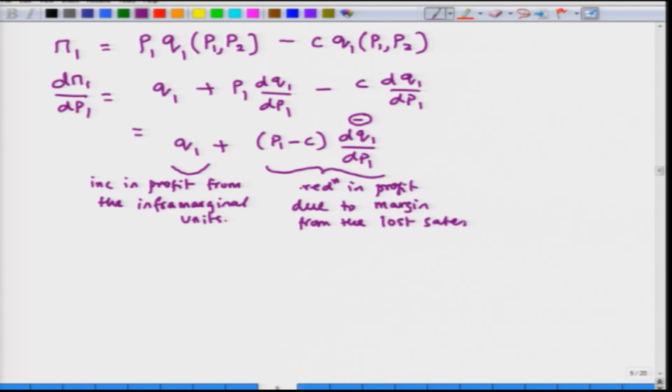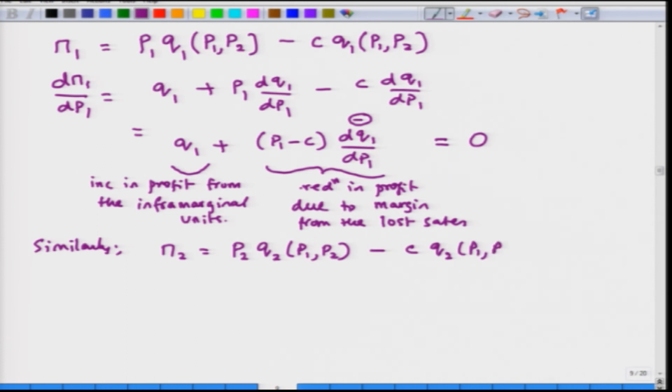These are the two terms, and the necessary first order condition is that firm 1 takes the first order derivative of the profit function with respect to P1 and sets that equal to 0. Similarly, firm 2's profit π2 is going to be P2 times Q2, which depends on the price of good 1 as well as its own price, minus C times Q2 of P1, P2.